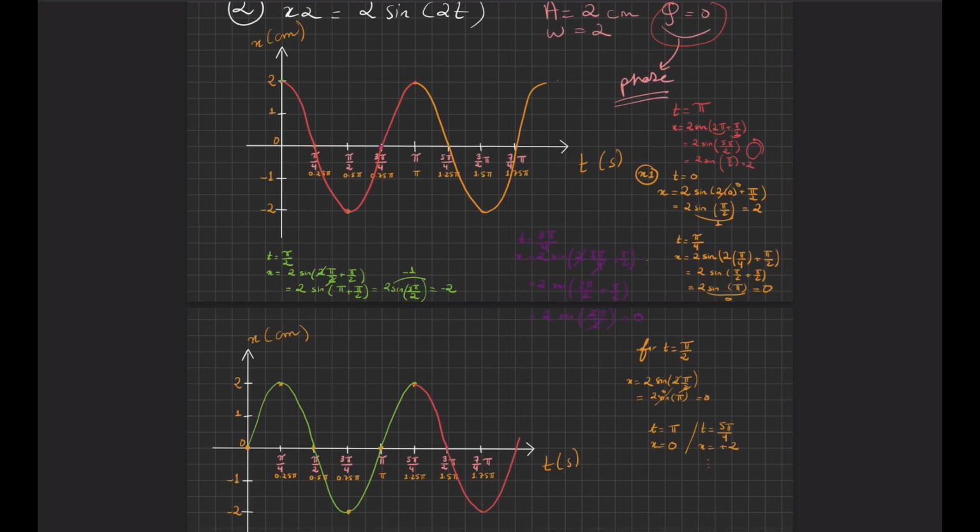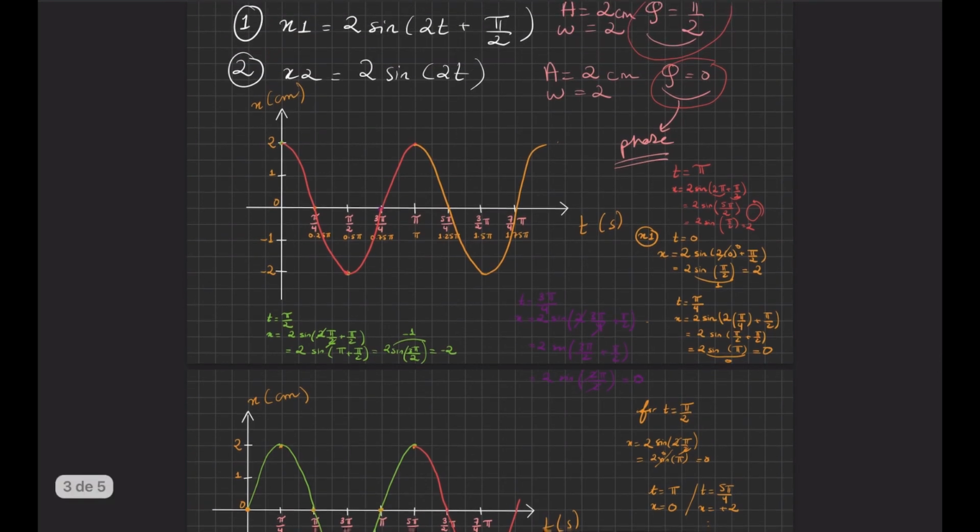So every pi we're noticing the same up and down. It alternates every pi, so the full cycle is pi. But the difference between these two functions is that the starting point, or the initial abscissa, is different.